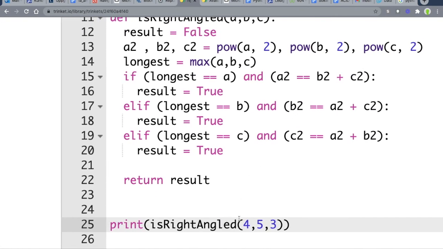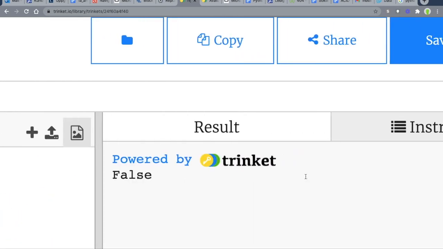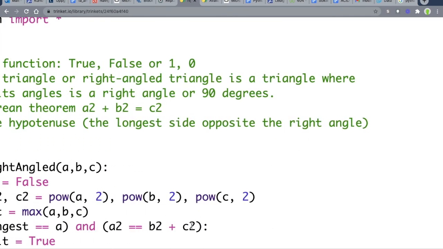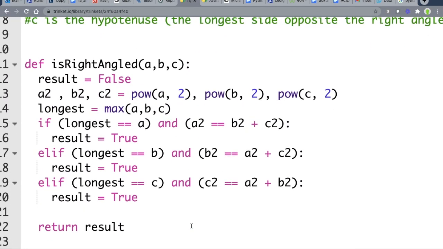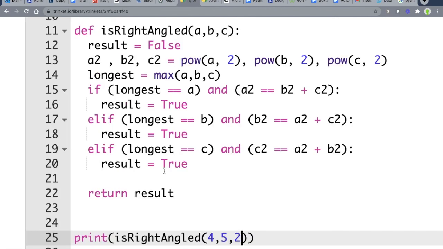Let's give something else. If we write, for example, 2, let's see what it says. The result is false. So in this way we have written a Boolean function that checks whether a triangle is a right angled triangle or not.